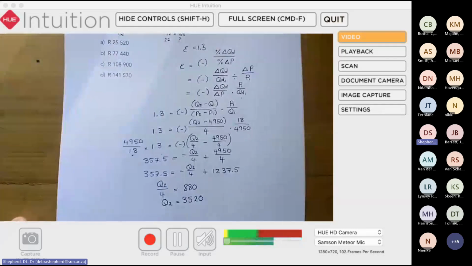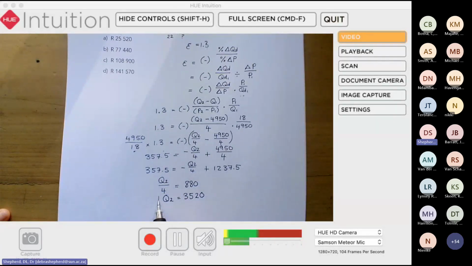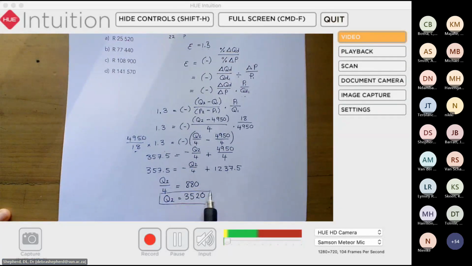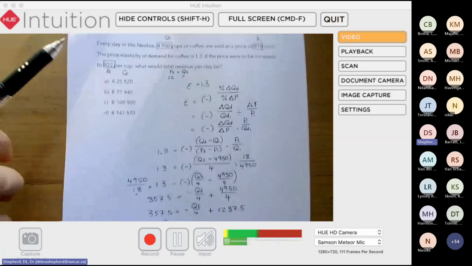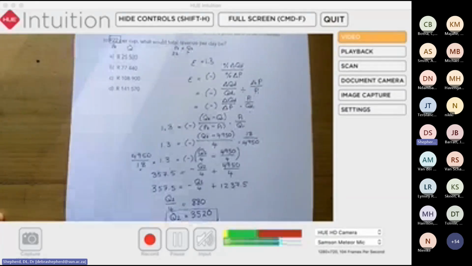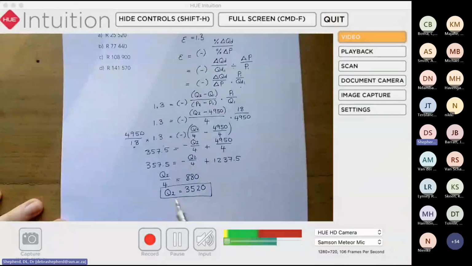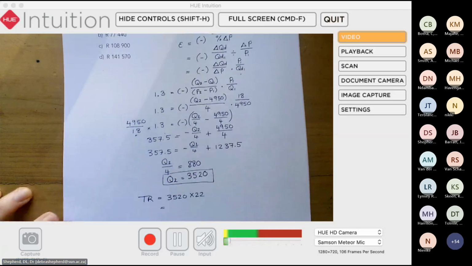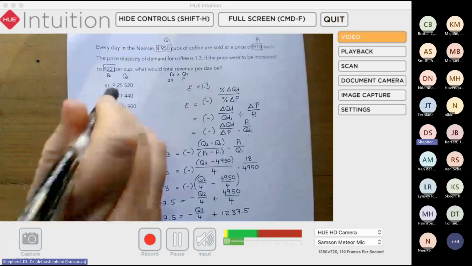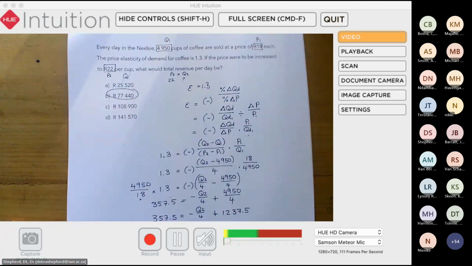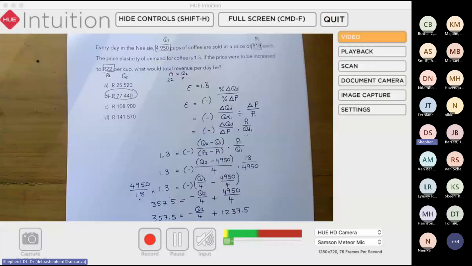So based on my elasticity value, the quantity that corresponds with the price of 22 is 3,520, which means my total revenue is going to be 3,520 times 22, and that gives me 77,440. And that corresponds to B. So the answer to this question is B.